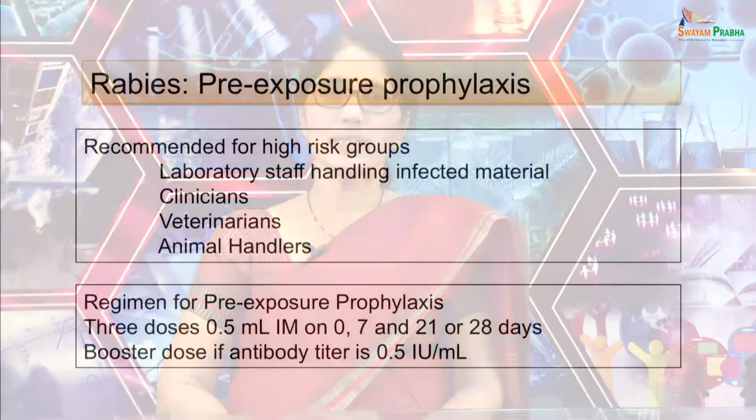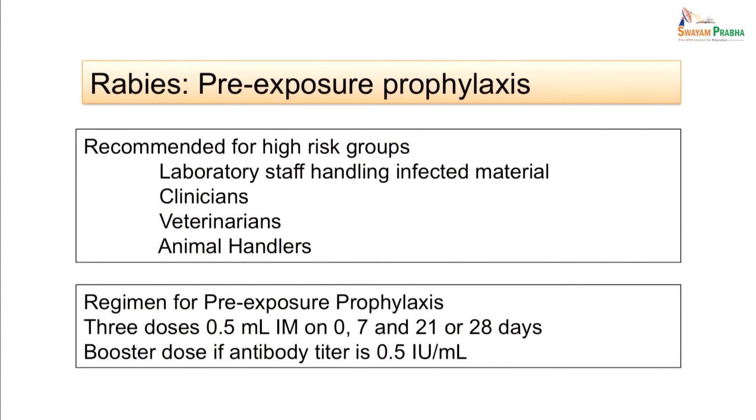Hence, it is important that all attending healthcare workers adopt standard precautions and use personal protective equipment whenever attending the patient. Pre-exposure prophylaxis is recommended in high-risk groups. It is usually recommended for laboratory staff handling infected material, clinicians attending the patients, veterinarians and persons who handle animals.